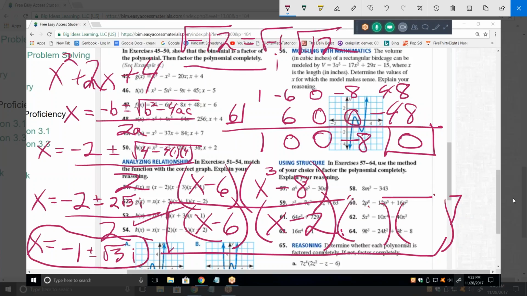Just like when we knew that 6 was a 0, then the factor is x minus 6. If we knew that 2 was a 0, then the factor is x minus 2. Well, here are our zeros.